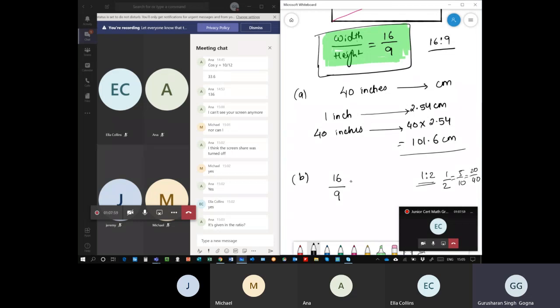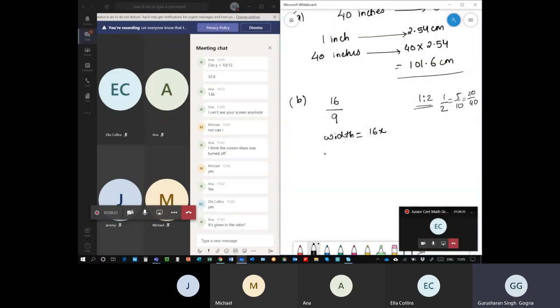So ratio doesn't mean that it's an actual number. So what we will say, 16/9 ratio is there, so you can assume that the width is 16 times x and height is 9 times x.